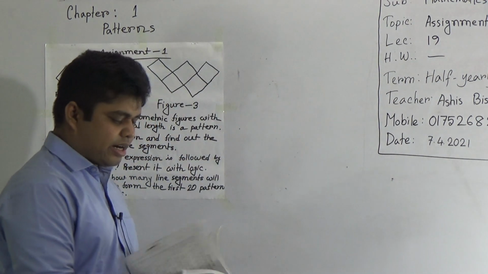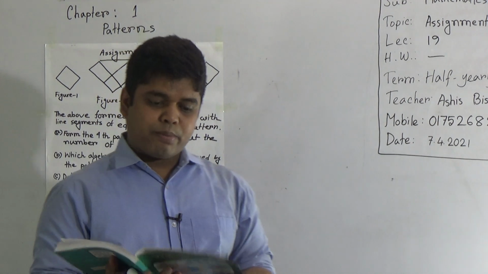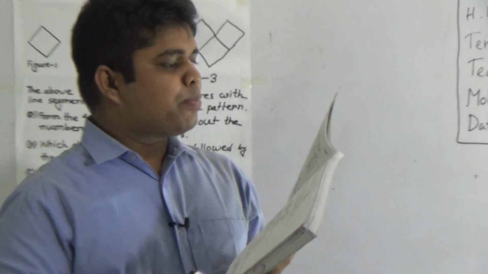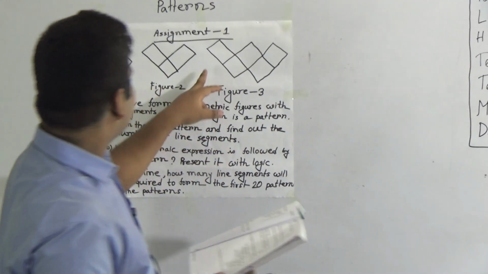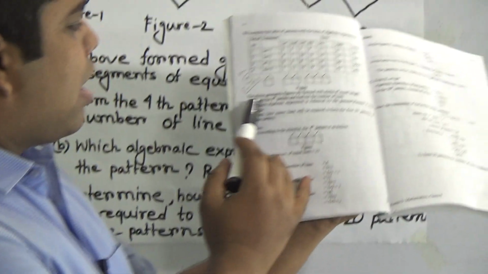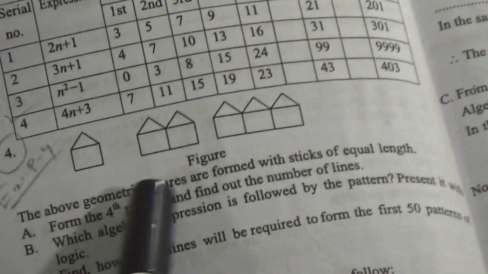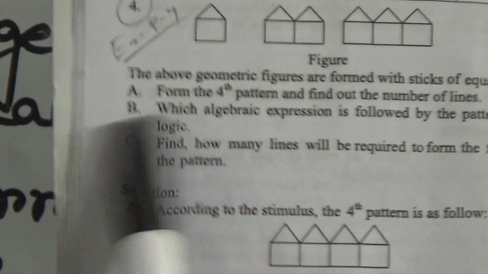My dear students, this question is similar to question number 4 of page number 8 of this chapter. Example 4 of page number 8 is similar to this one, so you can follow this. Figure 1, figure 2, figure 3. The above geometric figures are formed with sticks of equal length.